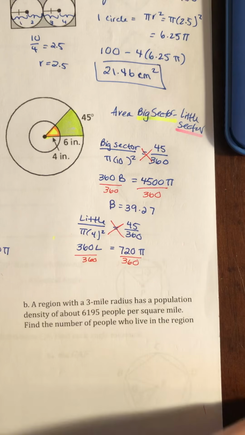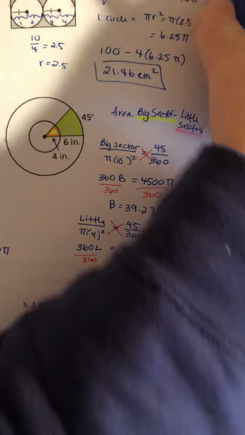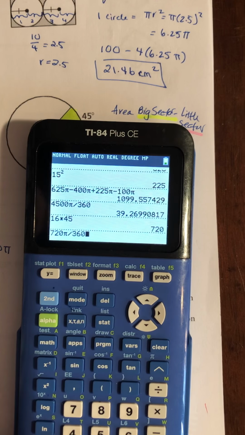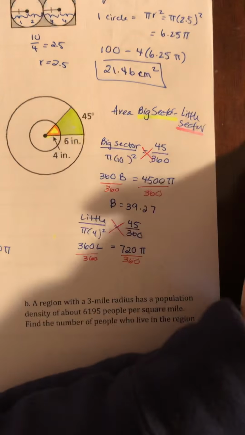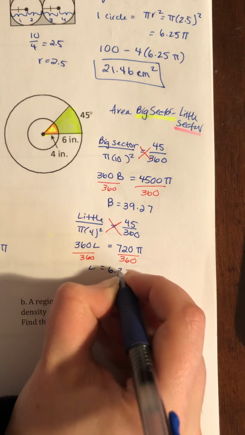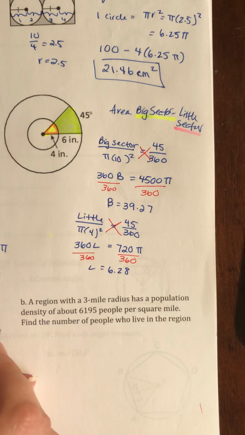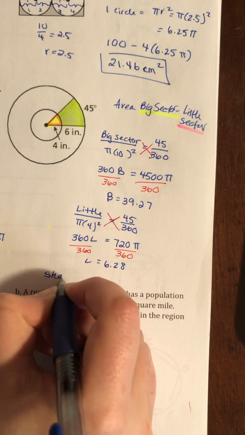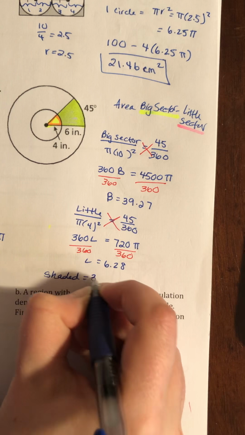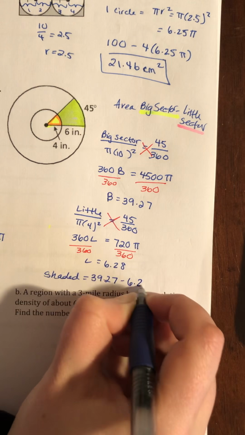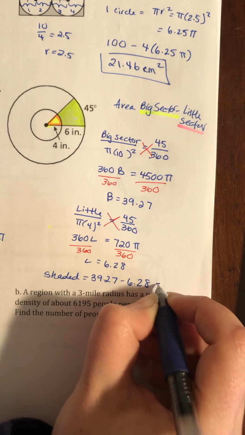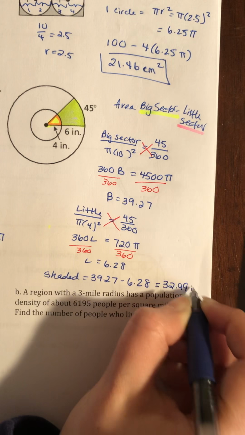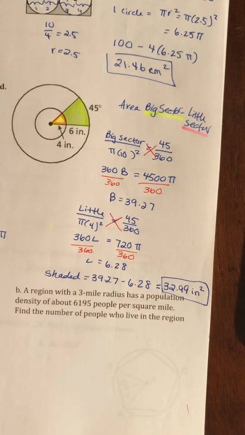Divided by 360, you get 6.28. So that's the little one. So the shaded is going to be 39.27 minus 6.28, which is 32.99. What are my units? Inches squared.